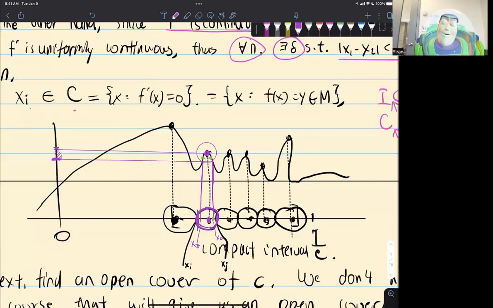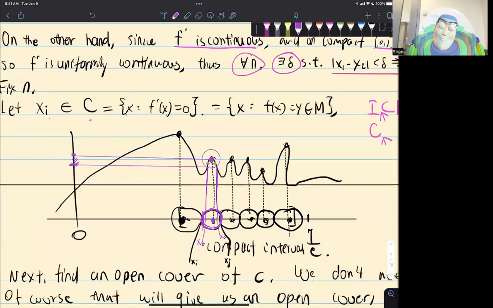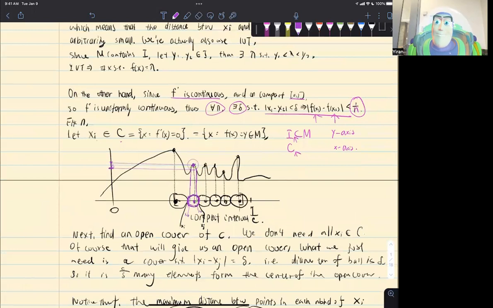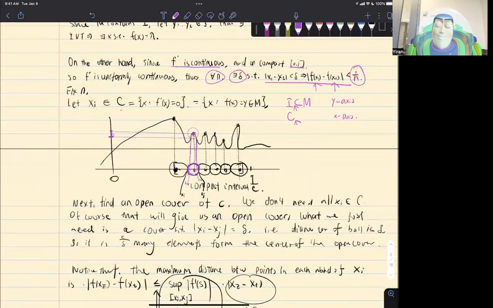What I'm going to say is, because there are so many points in C, we can actually reduce. We don't need that many points. We just need the points so that we can form a certain type of cover of the interval I in M, and you will find out why we want to do that.